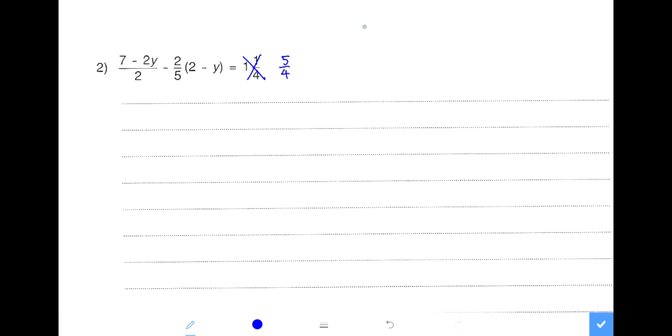So let's find the LCM of 2, 5, and 4. I have a pair of numbers that I can divide by 2. So LCM is 20, right? 10, 10, 20. So LCM is 20.